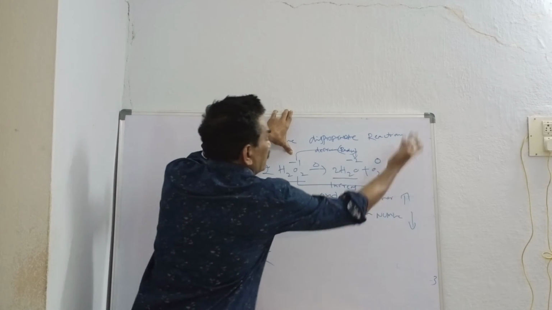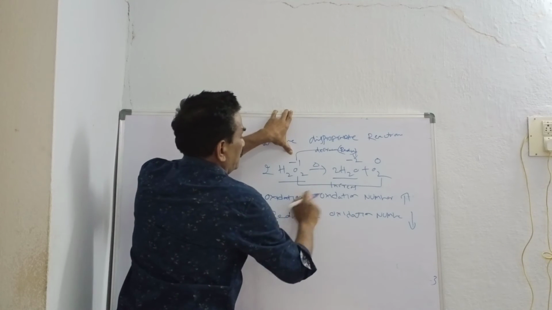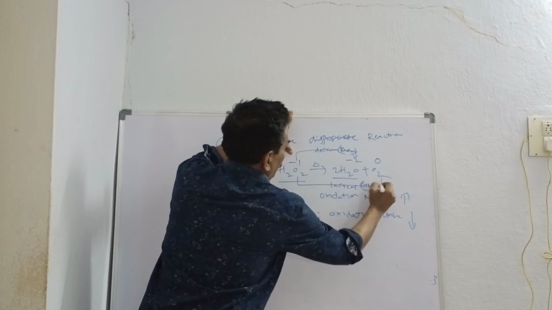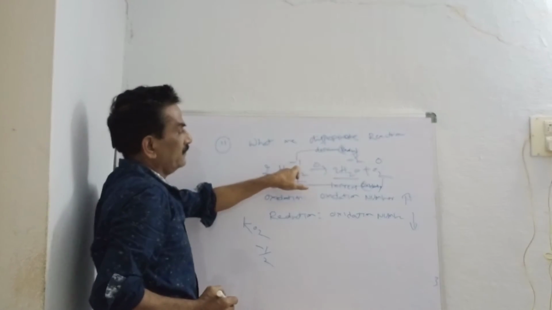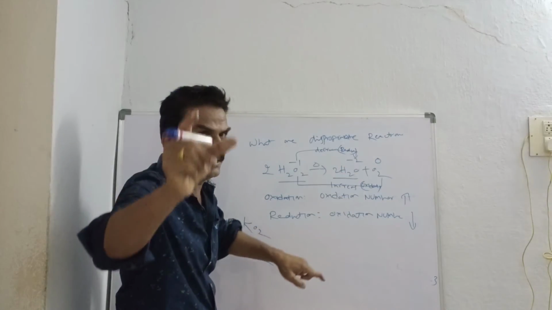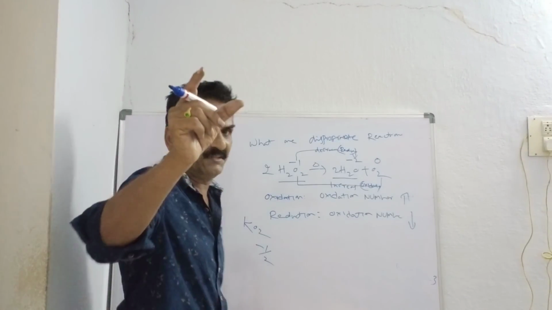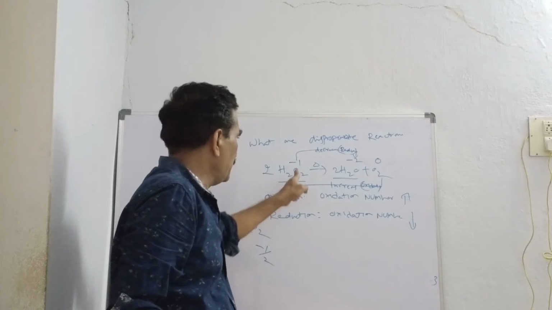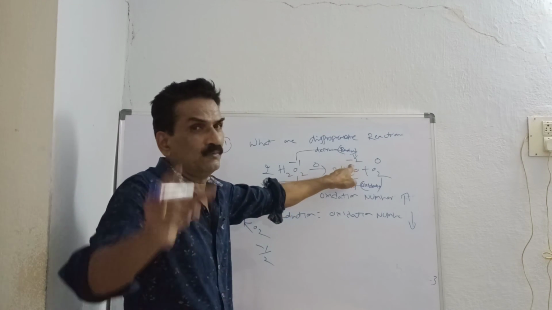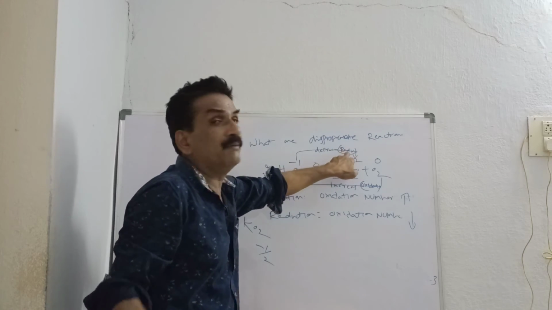Oxidation number increases, that is nothing but oxidation. So -1 to -2 means the oxidation number decreases. If the oxidation number decreases for the same element, here O, -1 to -2, that is nothing but reduction.